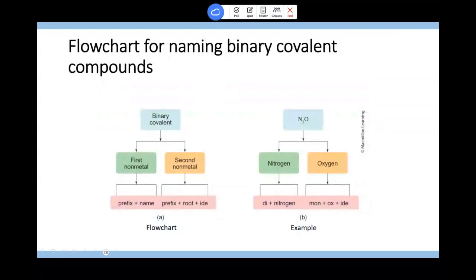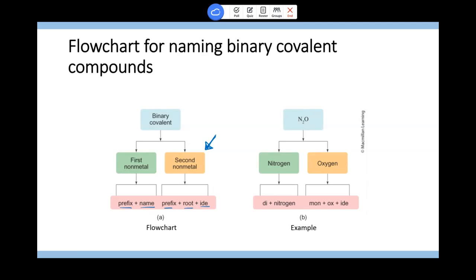I also have a flow chart here of how to name these binary covalent compounds. The first nonmetal, so looking right here, if there's more than one, we do the prefix and then just the name of that element. And then the second nonmetal gets a prefix, the root of its name, and ide at the end.